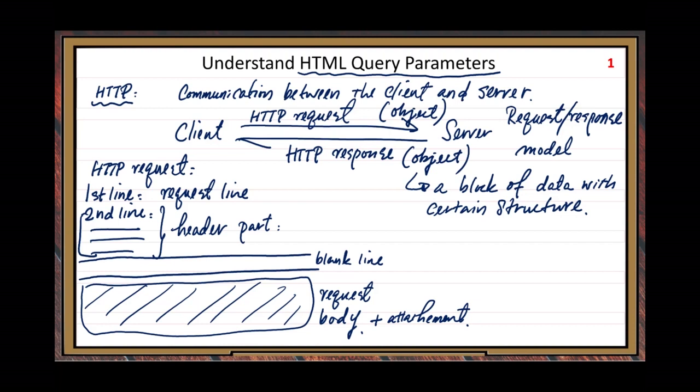So the body part is all text. In the attached part, you can put binary files. So that is the HTTP request object.